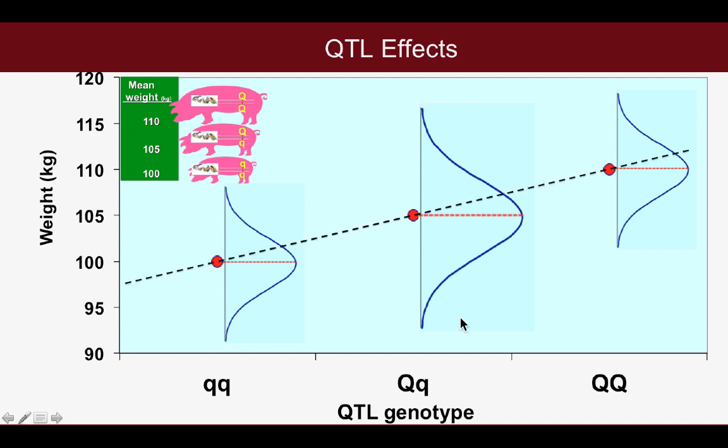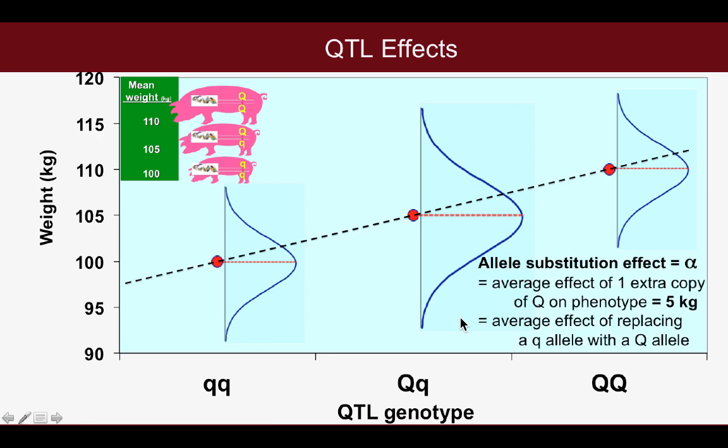Based on a regression line drawn through the genotype means, we can also define the additive effect of this QTL, which is the average change in phenotype from having one extra copy of the big Q allele. For this example, this is equal to 5 kilograms, because the average phenotype of big Q little q individuals is 5 kilograms greater than the average weight of little q individuals.